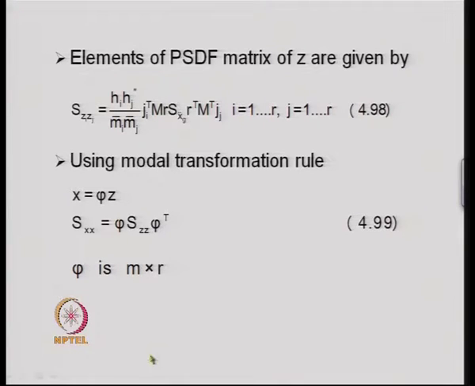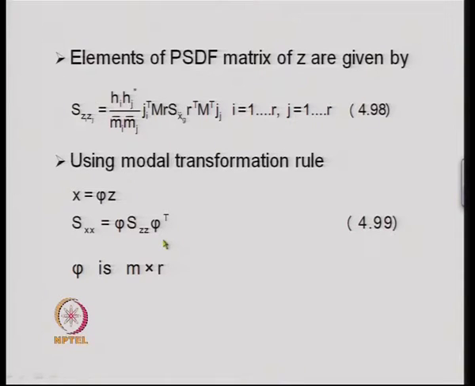Then after we have obtained S_ZZ, we can obtain the power spectral density function matrix of displacements in the structural coordinate using this formula. It comes from the relationship x equals phi z, and if it holds good then S_xx will be equal to phi S_ZZ phi transpose.